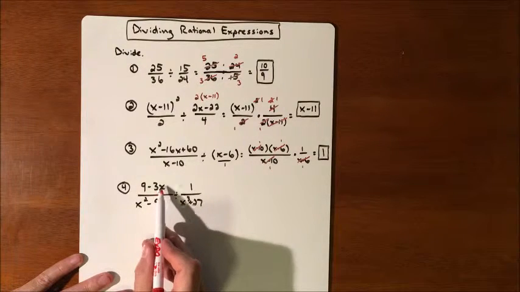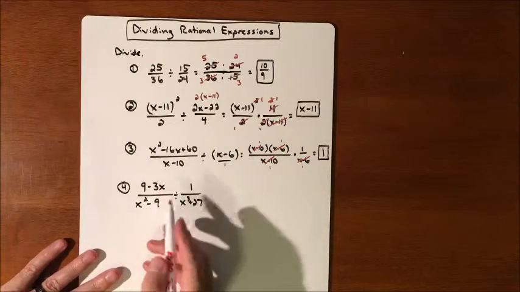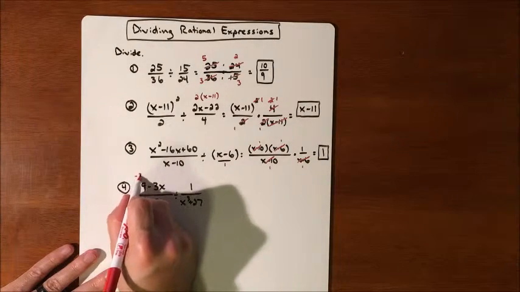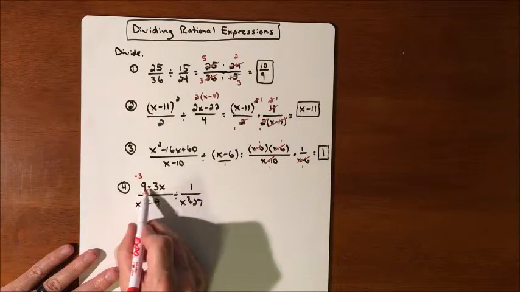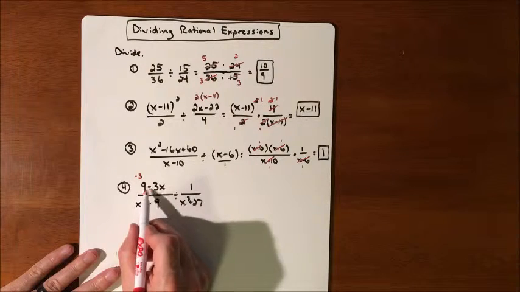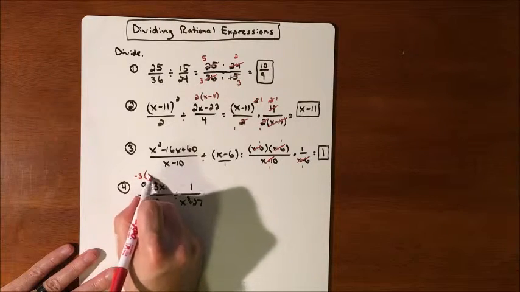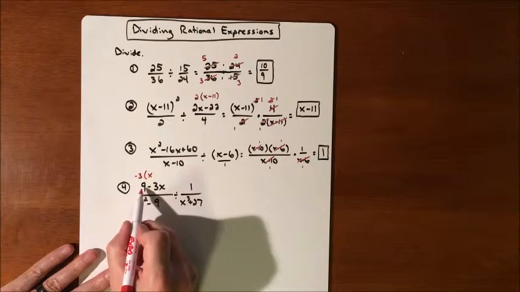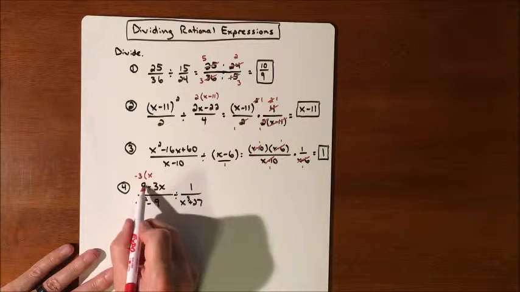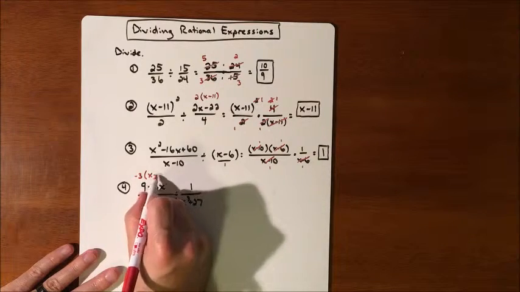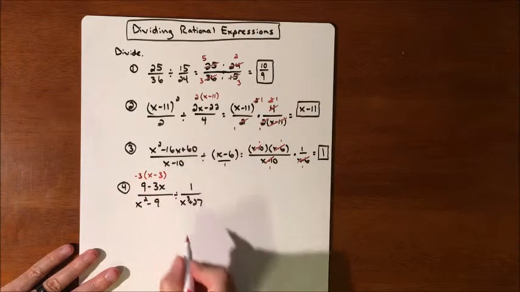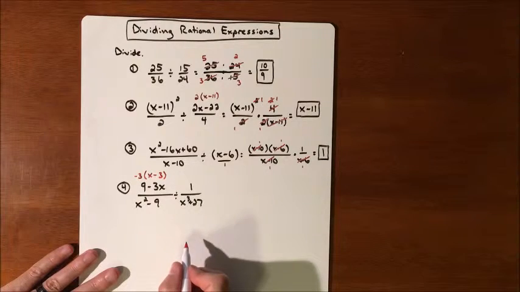So I want to clean that up a little bit. I'm going to divide a negative out of it, and I also see that a 3 can divide out of both of them. So if I divide this by a negative 3, the x will actually become positive, so I'll put it first. And if I divide a 9 by a negative 3, that'll make it a negative 3. So I'm just rearranging the order a little bit.